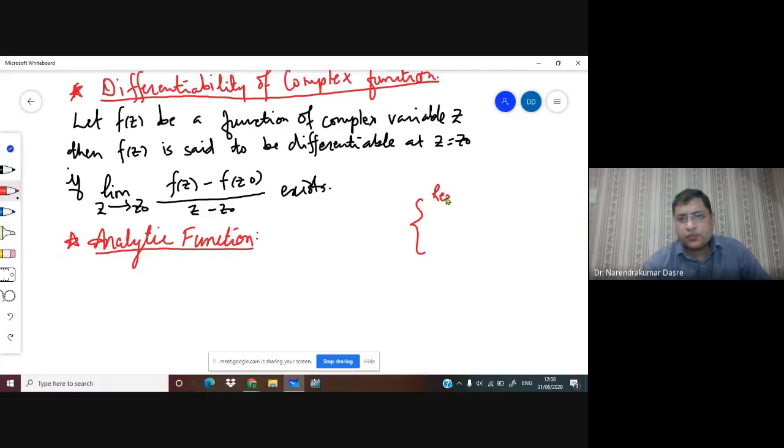So the interval in real case. So we have real case and the correspondence in complex case. So real variable versus complex variable.